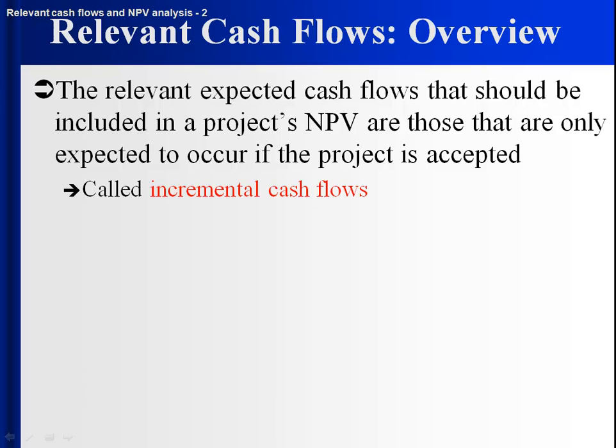So when we're focusing on expected cash flows, when we're evaluating those for a particular project, what we're interested in is what we refer to as incremental cash flows. What are the cash flows to the firm that only occur because of the project?